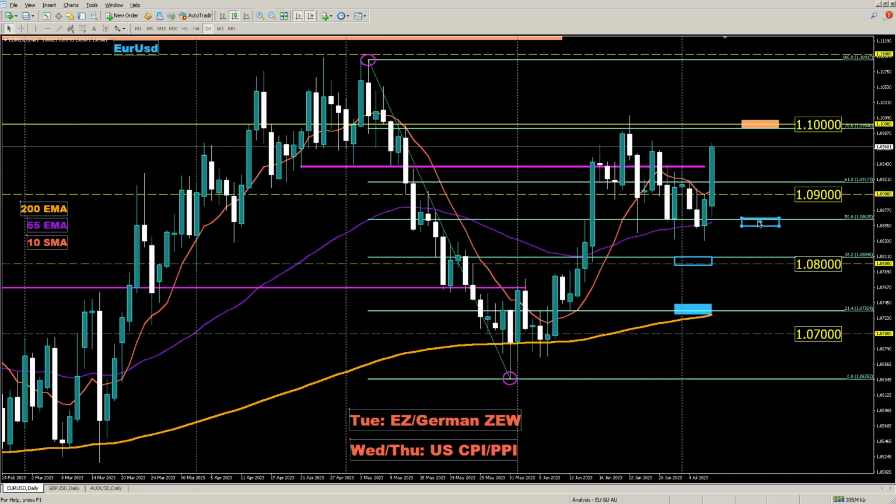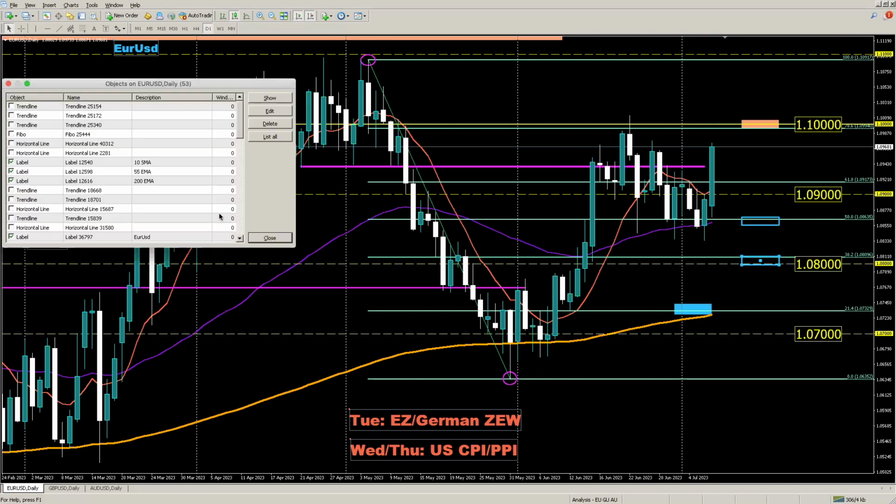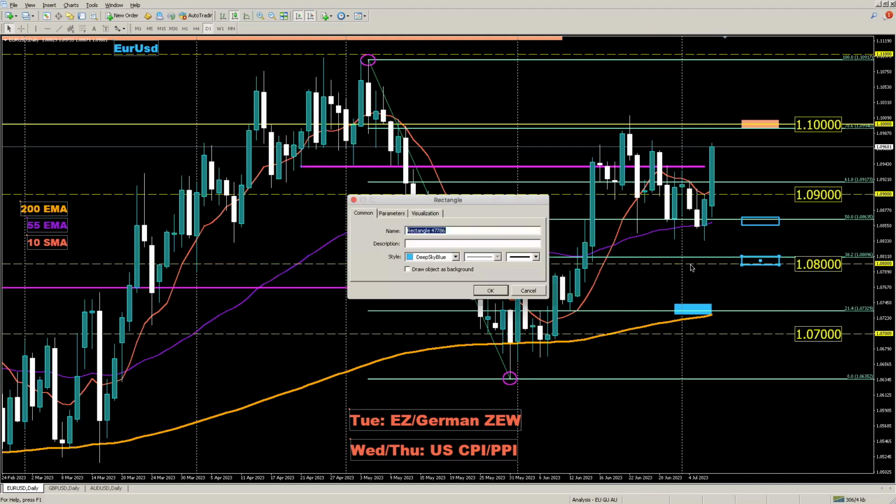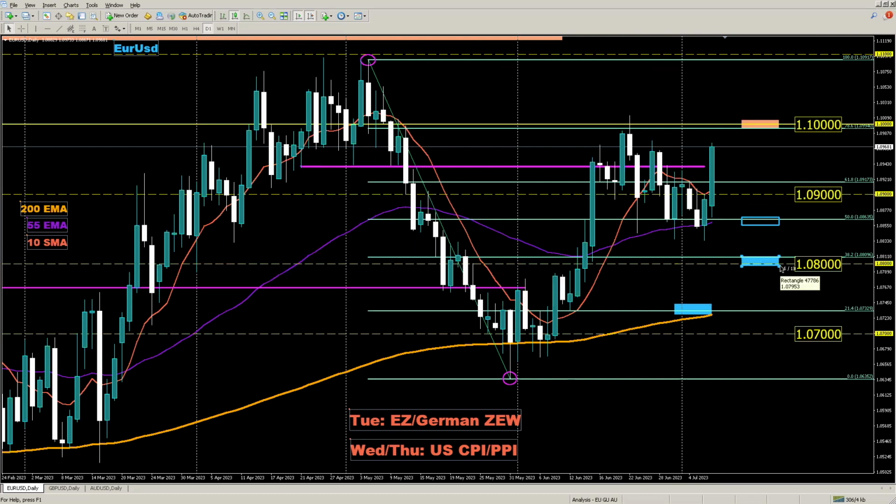Support is still at the 50 fib now, with the daily 55 EMA rising up to provide support, and below that will be the 108. So that could be a key support now at the 108 and the 38 fib retracement. So let's remove this for now.